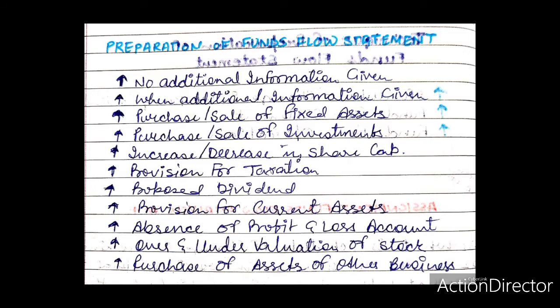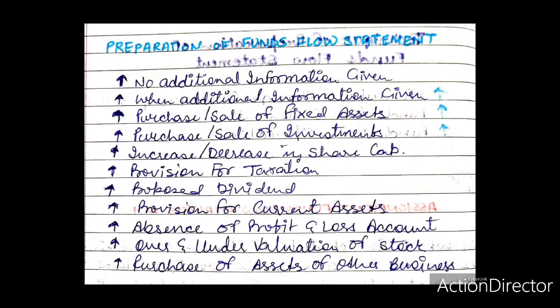For example, on comparing the value of a machine appearing in the opening and closing balance sheet at rupees 20,000 and 25,000 respectively, it is to be concluded that an additional machine of rupees 5,000 had been purchased during the year. But it may be that a machine might have been sold for rupees 10,000.